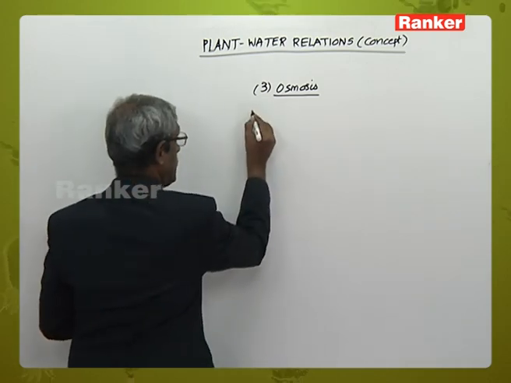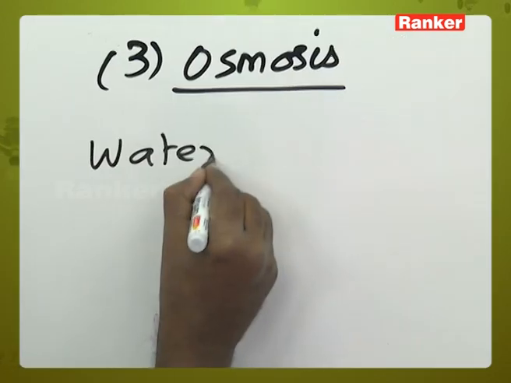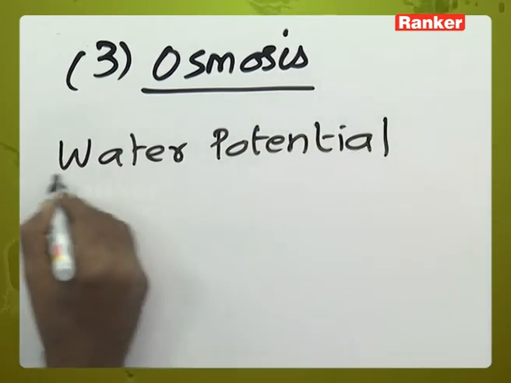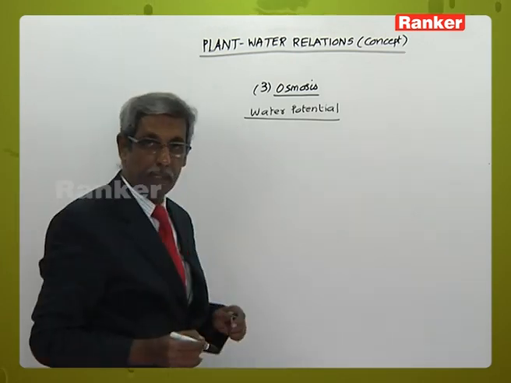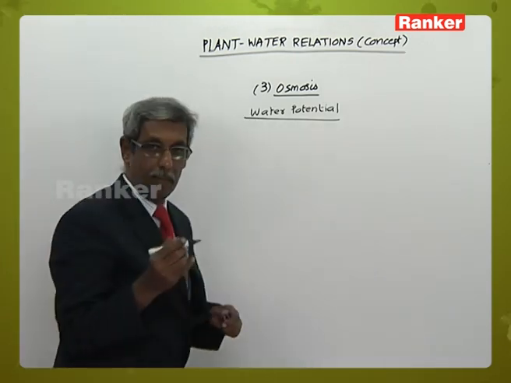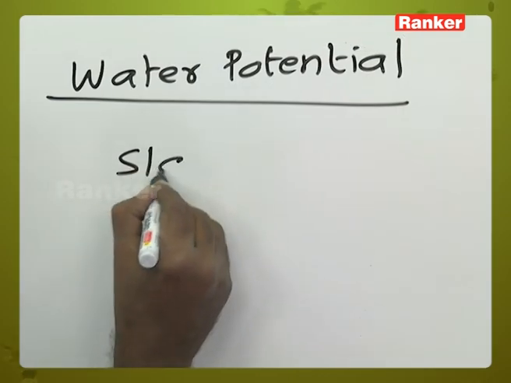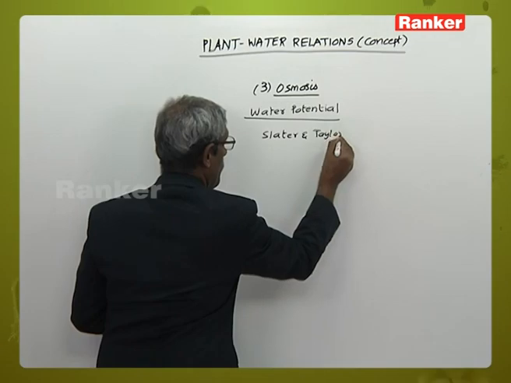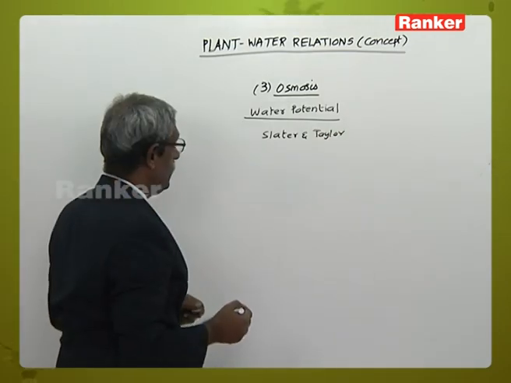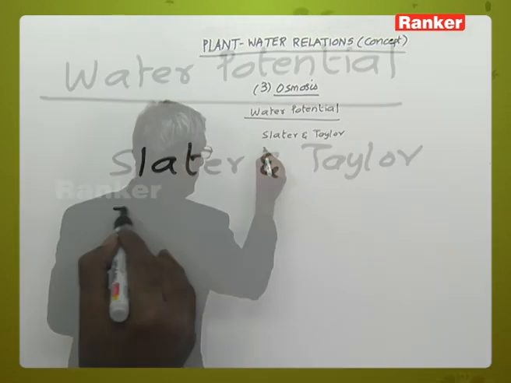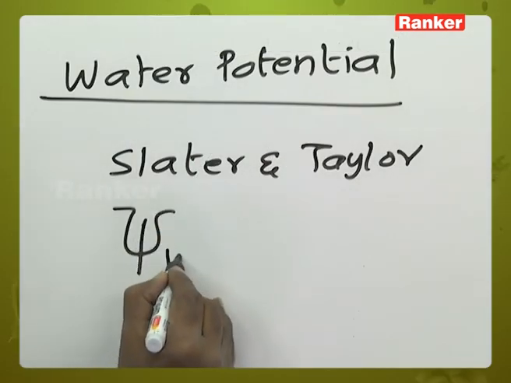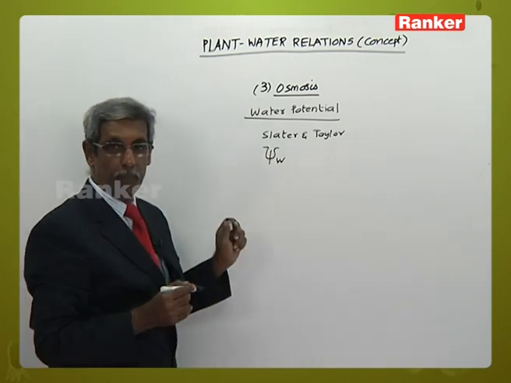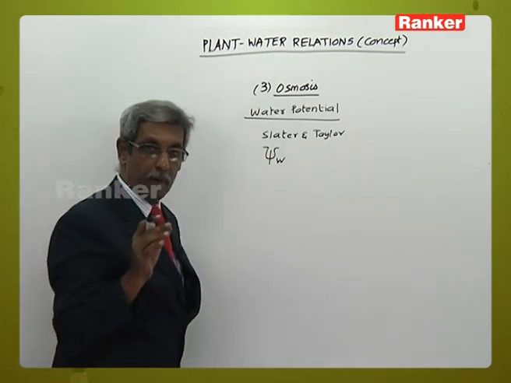Next, under osmosis, we come to the concept of water potential. The term water potential was studied by Slatyer and Taylor. Normally, water potential is designated by the Greek letter psi with a subscript w.